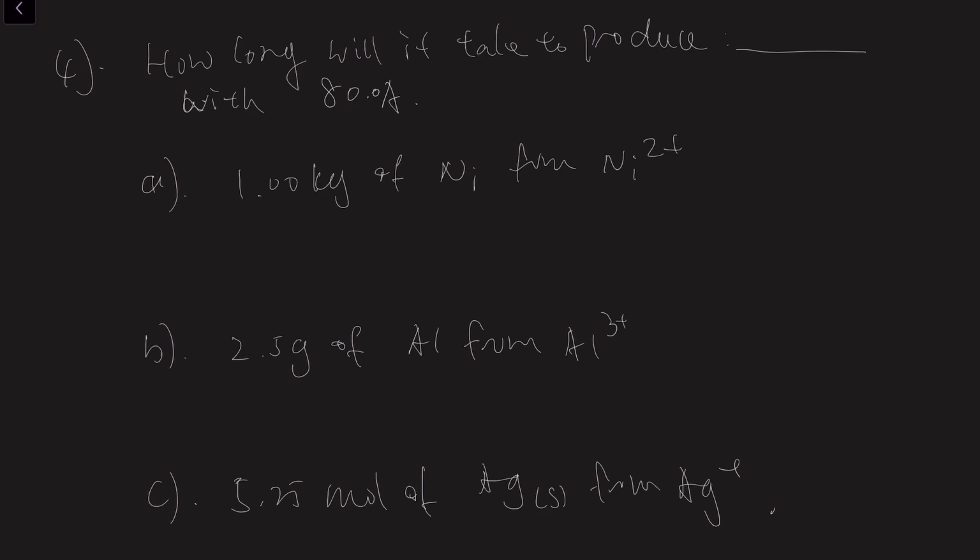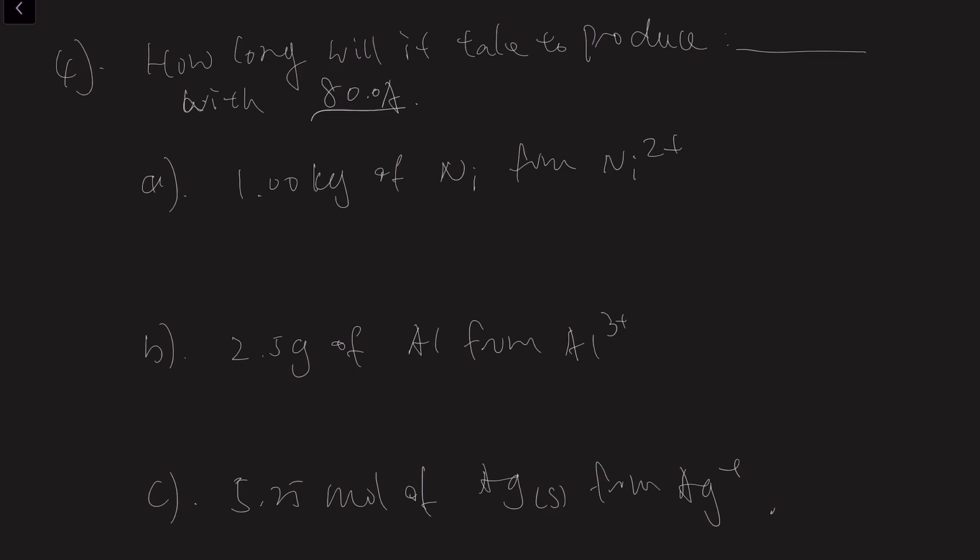How long would it take to produce the metal with 80 amps? Now we are given the mass, which in turn means the number of moles of a certain chemical. We're also given the amps of current we have. The only unknown is time, and we are required to calculate the time.